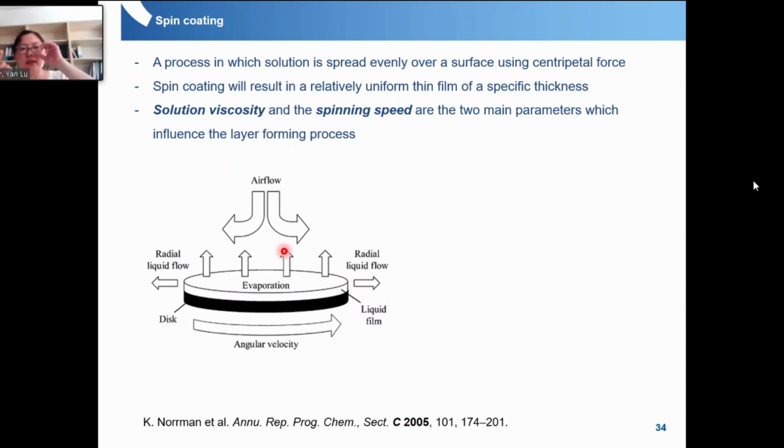Another one is, of course, the speed of spinning, which is also very important. If you spin too fast, your dispersion on the substrate will all be thrown away, and you do not have any on the substrate. But when it is too slow, it will dry by itself, and of course it will also cause inhomogeneity in the film formation process.